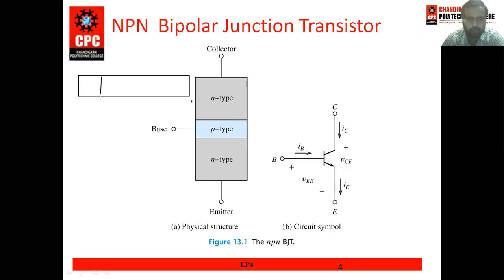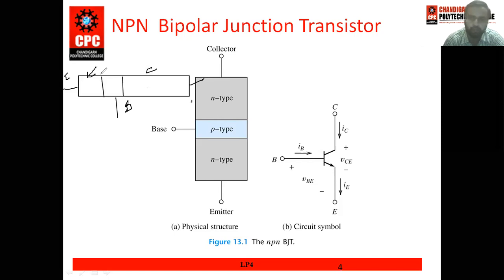This is the internal circuit of the transistor. This is your collector, emitter, and base. The size of the collector is maximum.